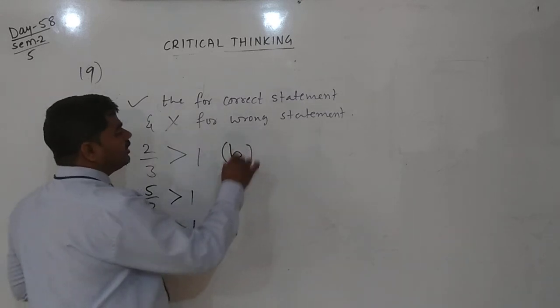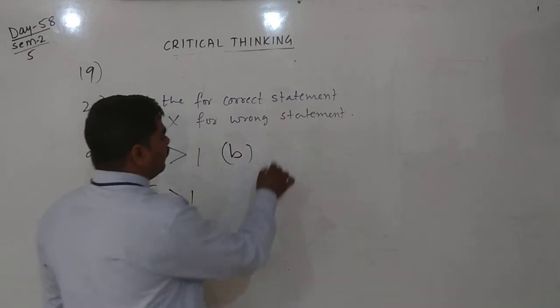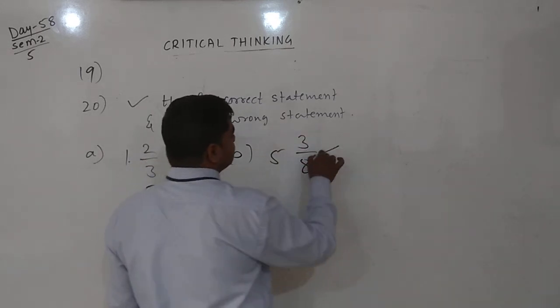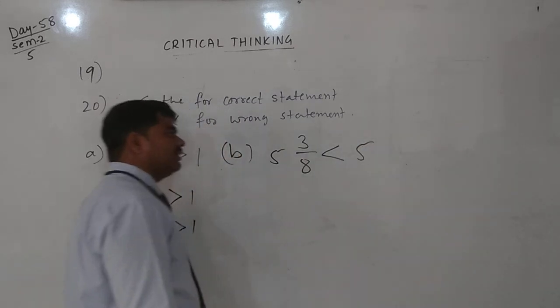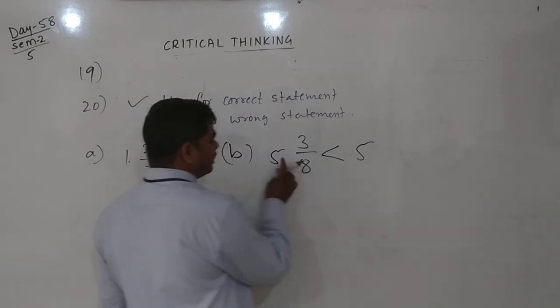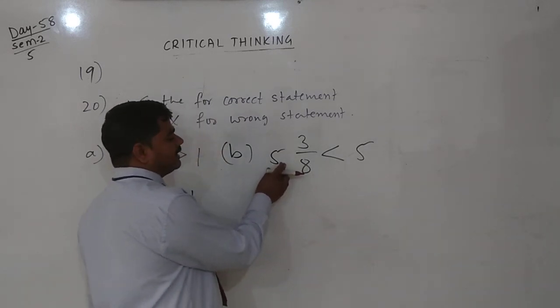But here in B, see, 5 integer 3 by 8. They say it is less than 5. Is it less than 5? No, it is not less than 5. Why? The integer is 5, the quotient is 5 here.